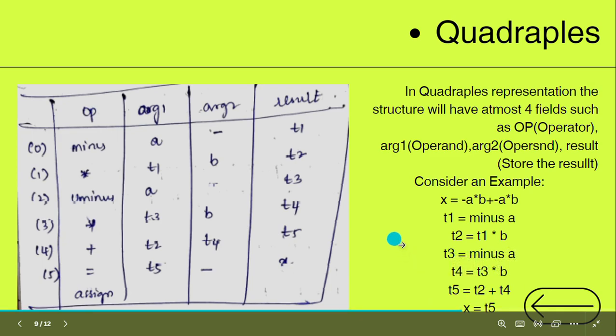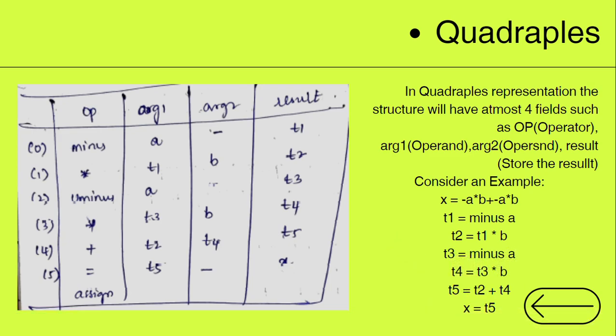So we have to represent this in tabular form, like we already said, four fields: OP, argument 1, argument 2, result. At pointer 0, the first operator is minus. This minus is also an operator.